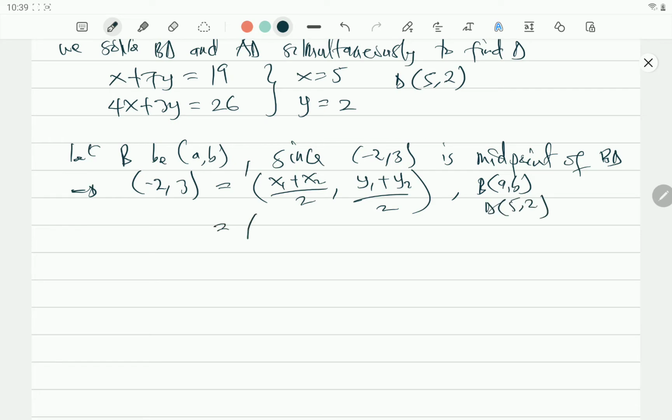So we substitute and have (a plus 5 over 2, b plus 2 over 2) against (-2, 3).